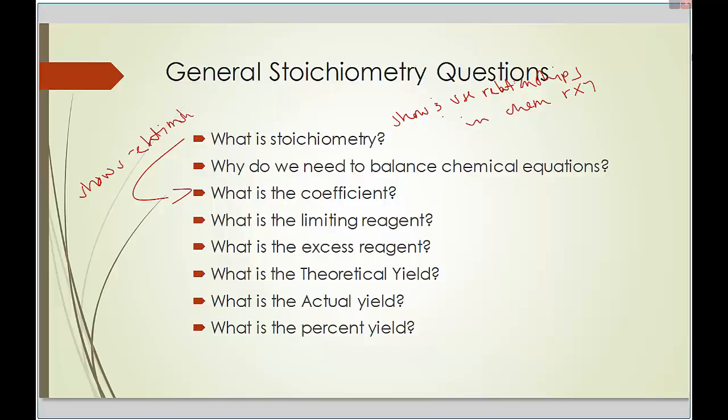They're almost like ratios. It's the big number, the whole number in front of a chemical compound in a reaction to balance it. So why do we need to balance those chemical equations? Because of the conservation of matter.